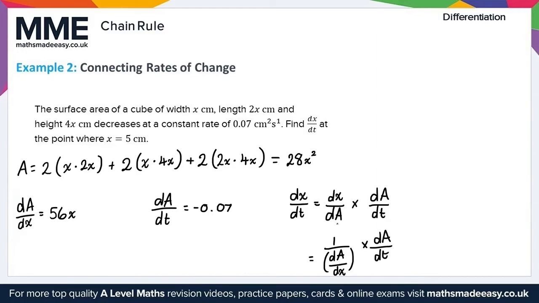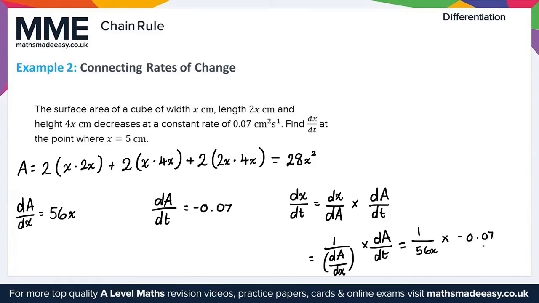Remember, dx over dA we can write as 1 over dA by dx. So we can write this as 1 over 56x, remember dA by dx is 56x, times dA by dt, which we know is minus 0.07.